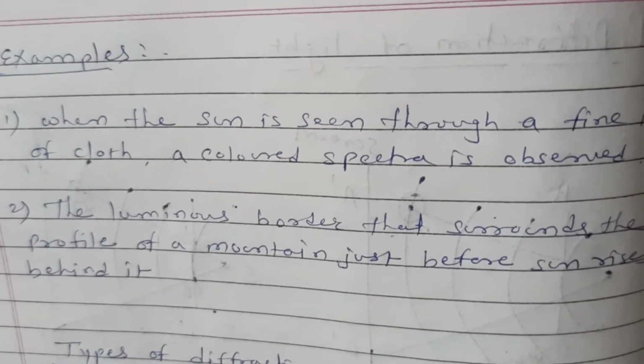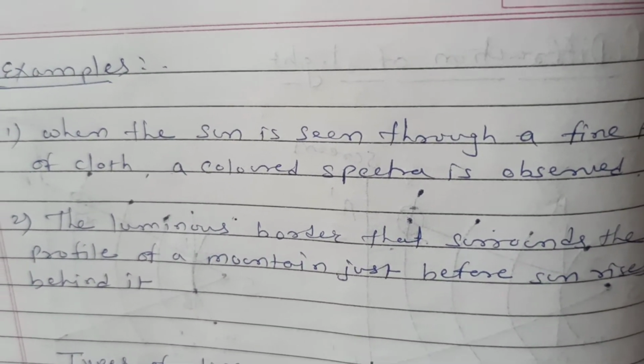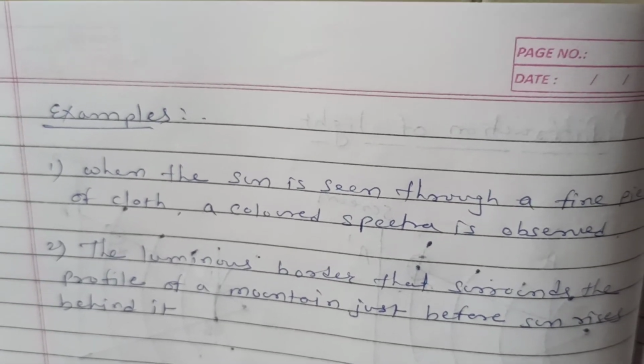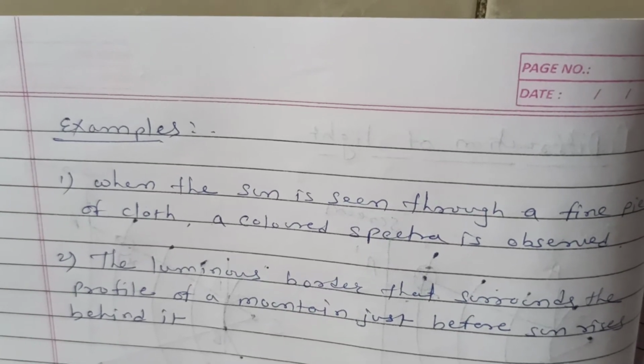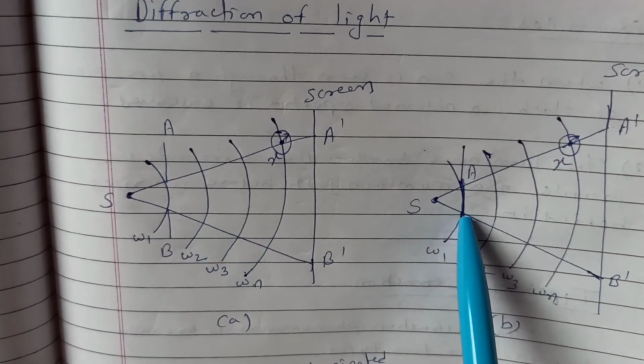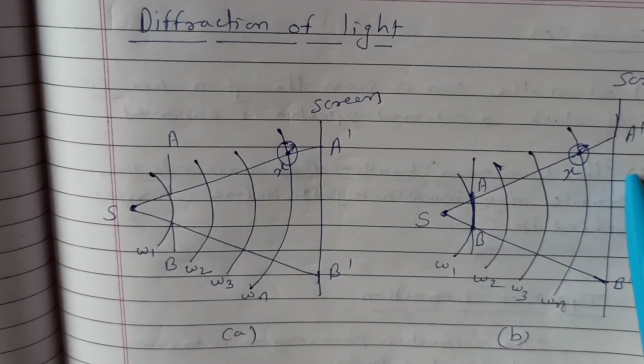We know what interference of light is. Interference takes place when waves interact with each other, while diffraction takes place when a wave passes through an aperture. The waves which pass through this aperture give the diffraction effect on this screen.